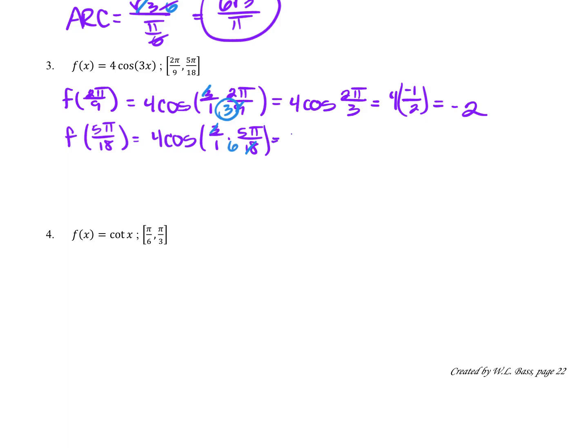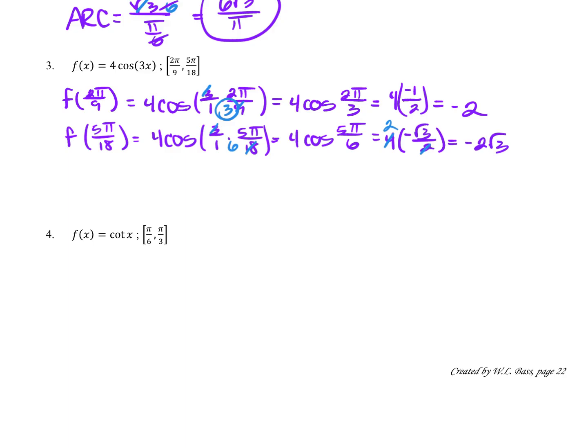So now I'm really evaluating 4 times cosine of 5 pi over 6. 5 pi over 6 is in the second quadrant, so it's going to be negative, but now the value is going to change. It will be negative radical 3 over 2. These will reduce, which gets us to a negative 2 radical 3.